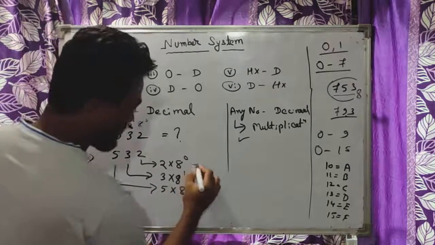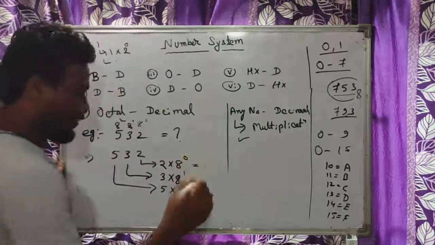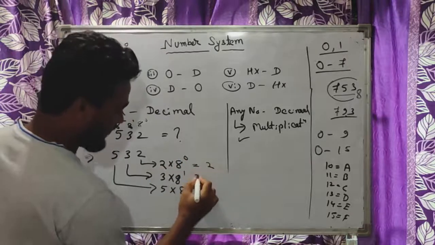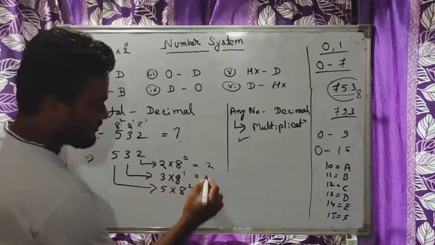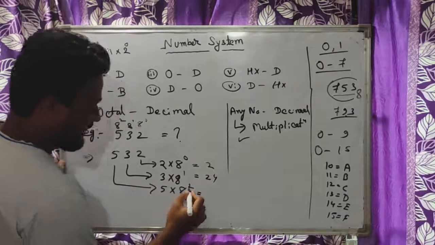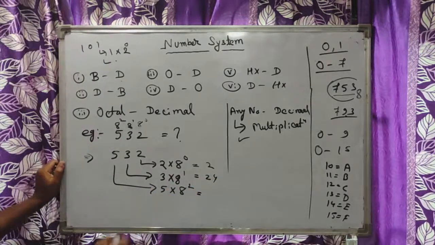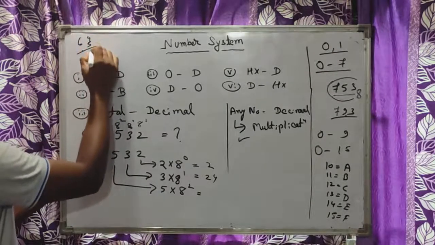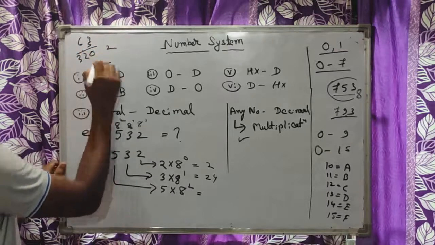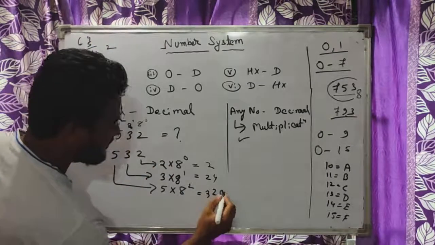So 8 to the power 0 is 1, 1 into 2 is 2. 8 to the power 1 is 8, 8 into 3 is 24. 8 to the power 2 is 64, 64 into 5 is 320.